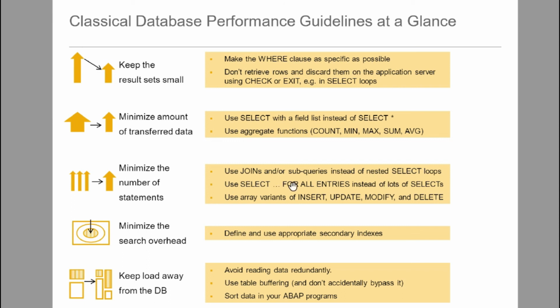Use SELECT FOR ALL ENTRIES instead of a lot of SELECTs. Use array variants of INSERT, UPDATE, MODIFY and DELETE. To minimize the search overhead, you define and use appropriate secondary indexes. And to keep load away from the database, you can avoid reading data redundantly. Use table buffering and sort data in your ABAP programs.